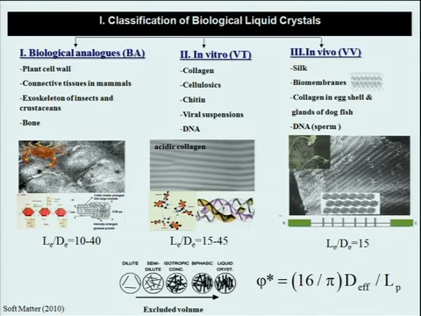But the common theme is that the effective or persistent length to effective diameter, these systems here, they are charged, they're semi-flexible. Taking into account non-idealities, we see that we have a large persistent or effective length to effective diameter that in most cases widely exceeds 10.